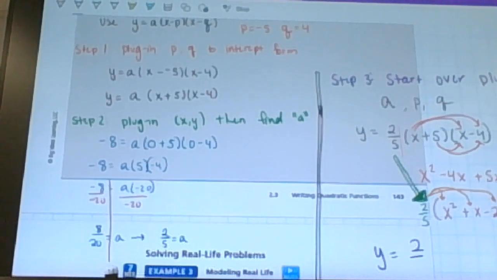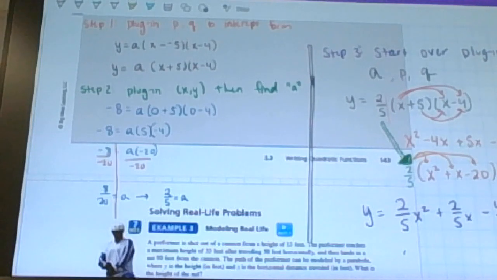So it's 2/5 x squared, plus 2/5 x minus what? 40 over 5. 2/5 x squared plus 2/5 x minus 8.